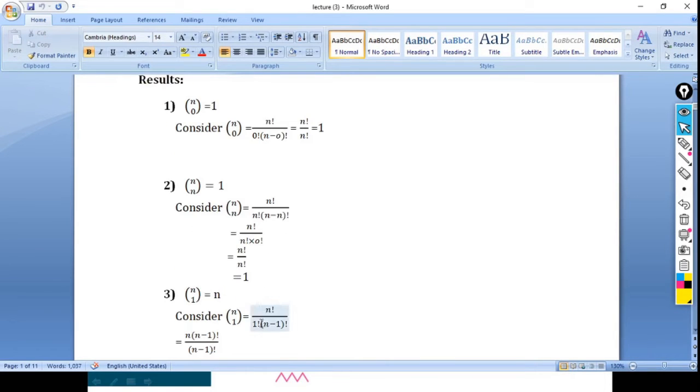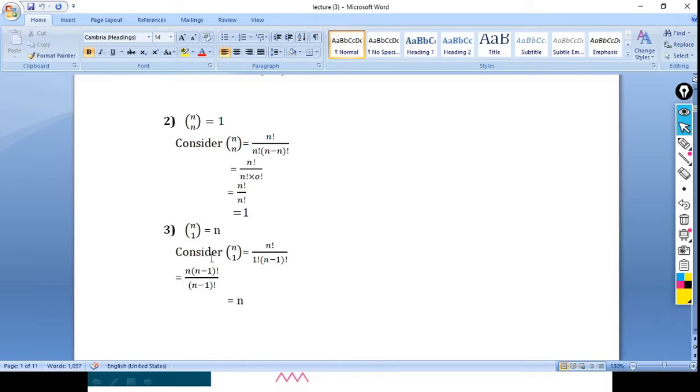Now let us see the third result, that nC1 is equal to n. Whenever we are proving, in the LHS we use the formula for combination, that is nCr. So for nC1, we have the formula n factorial upon 1 factorial into n minus 1 factorial.